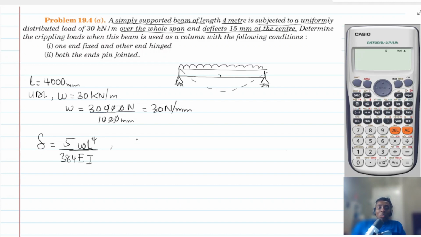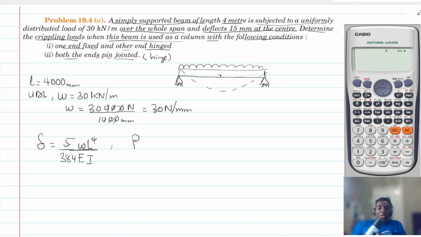But then the actual question is, we should determine the crippling load, in other words, the Euler load, when this beam is used as a column with the following conditions: one end fixed and the other end hinged, and then both ends pin jointed. A pin is also the same as a hinge.